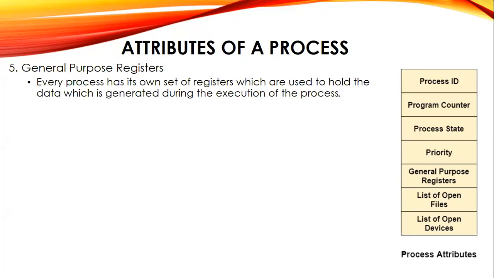You can say it is about kilobytes. For example, RAM is about gigabytes, hard disk about hundreds of gigabytes or terabytes, but general purpose registers are about kilobytes. It is just for holding some numbers.